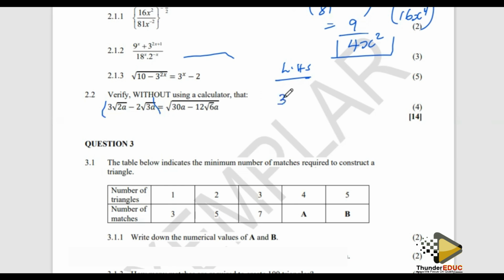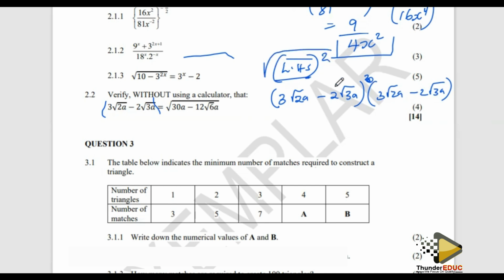Okay, so 3 root 2a minus 2 root 3a. I'm squaring it. So when I square that, it's going to be like 3 root 2a minus 2 root 3a. Then I open this up. Remember I said I'm squaring. If not, I can square and then also find the square root at the same time, no problem.